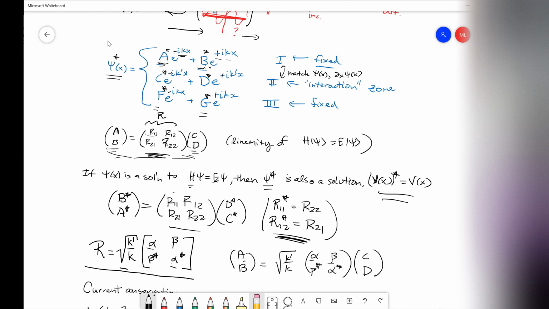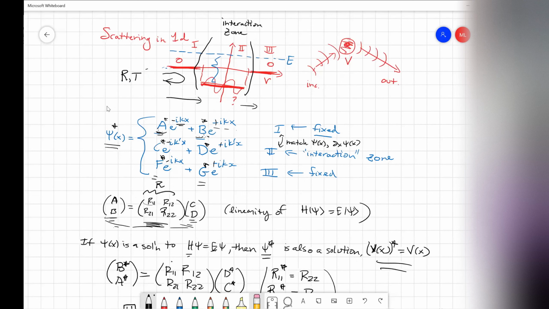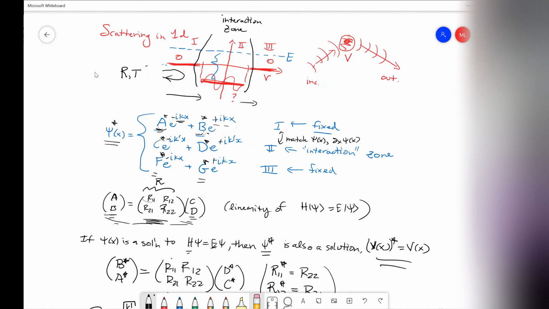If we have a wave coming in from out here, and we just think about this region between 1 and 2, and we'll ignore 2 and 3 for now, then what we can do is actually try to do the matching across this boundary. And so what we could do is substitute in particular values of A, B, C, and D, and see how they're related to each other.